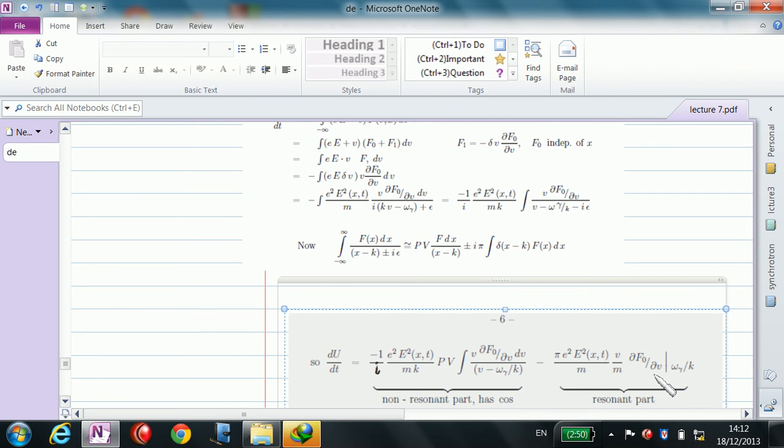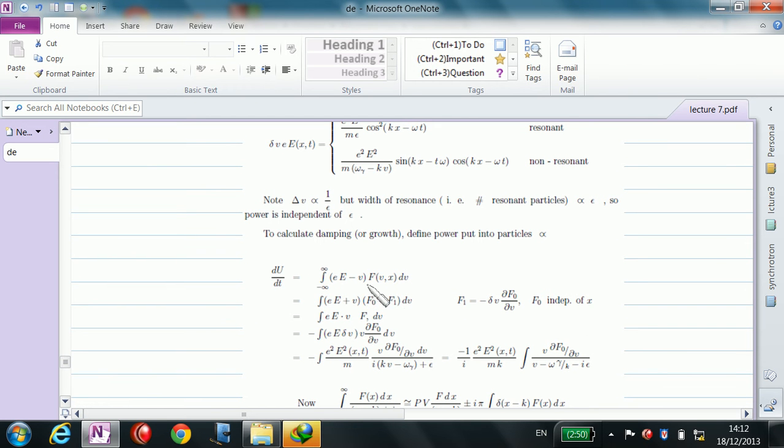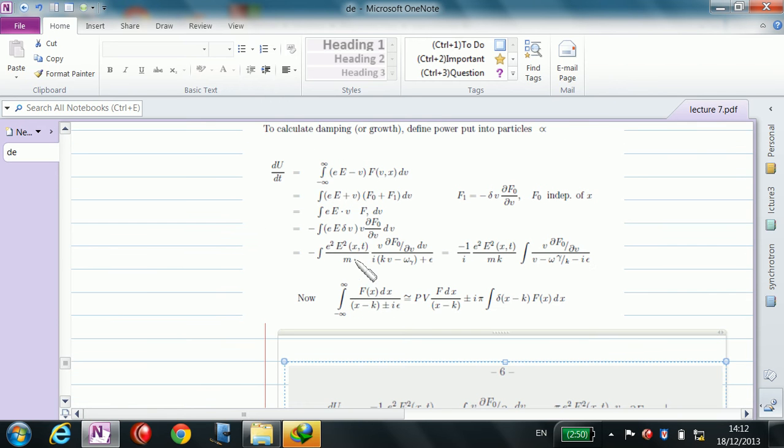When this is positive, you have more particles at high energy than low energy. Now notice what I did here: I calculated the energy absorbed assuming an f1, a perturbed distribution to the wave function, and f1 was given by this.